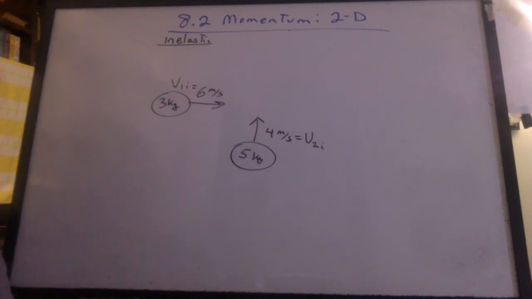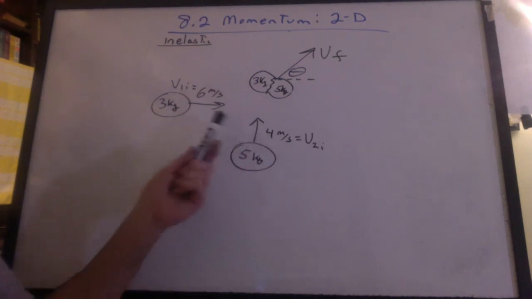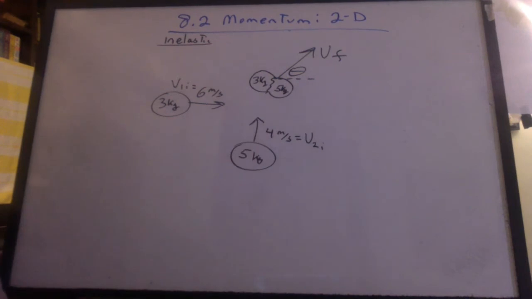Now I have these two objects sliding along, and they're going to hit and stick because it's an inelastic collision. Even though it's an inelastic collision, the forces will be internal, and we'll be able to use conservation of momentum to find that final velocity and that angle.